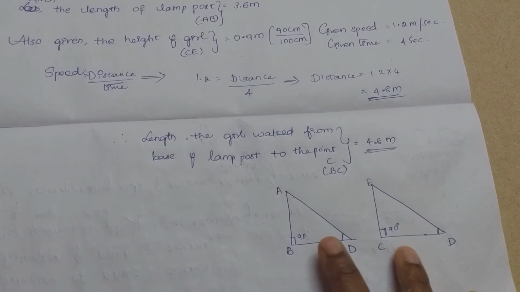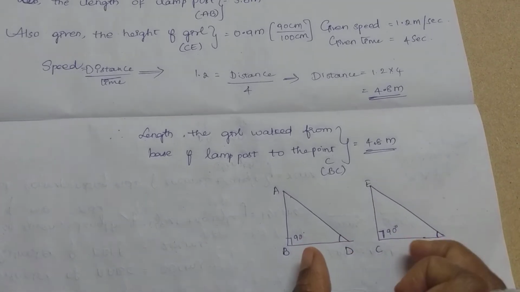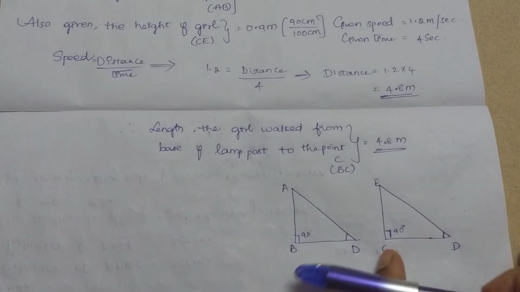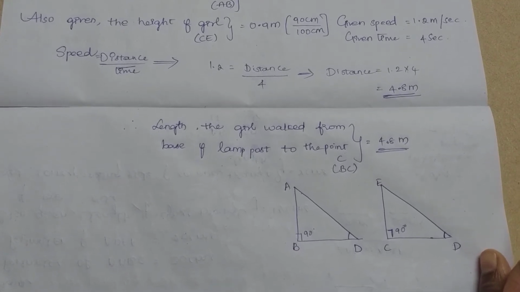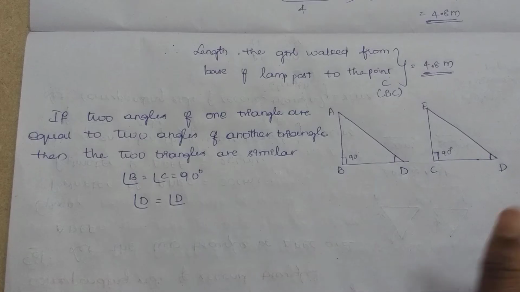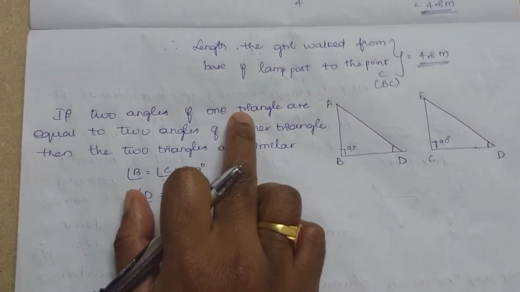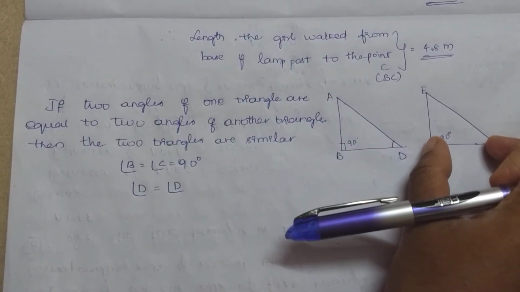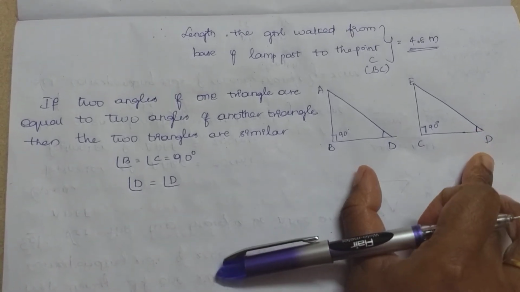If in two triangles any two corresponding angles are equal, then the two triangles are similar as per the AA similarity criterion. Let's write the same thing here. If two angles of one triangle are equal to two angles of another triangle, then the two triangles are similar.